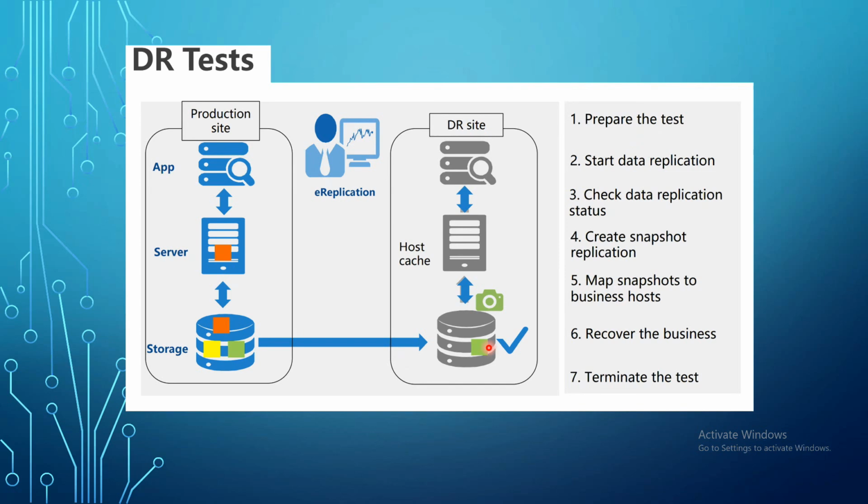It will replicate, then it will check the replication status. Then it will create a snapshot of the volume, and it will mount it to the host, and then it will start the VMs in an isolated environment, an isolated network. So you can go and check your application if everything is working fine.